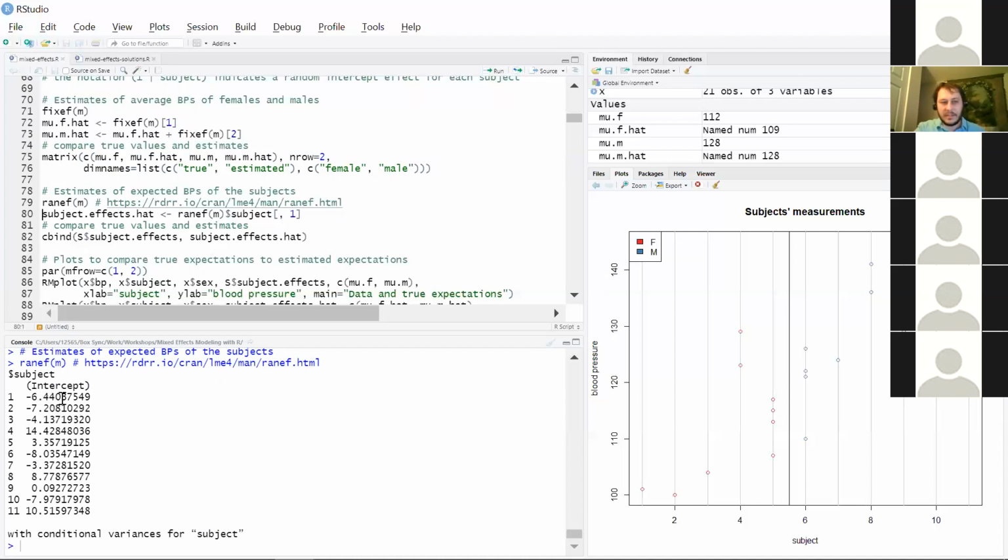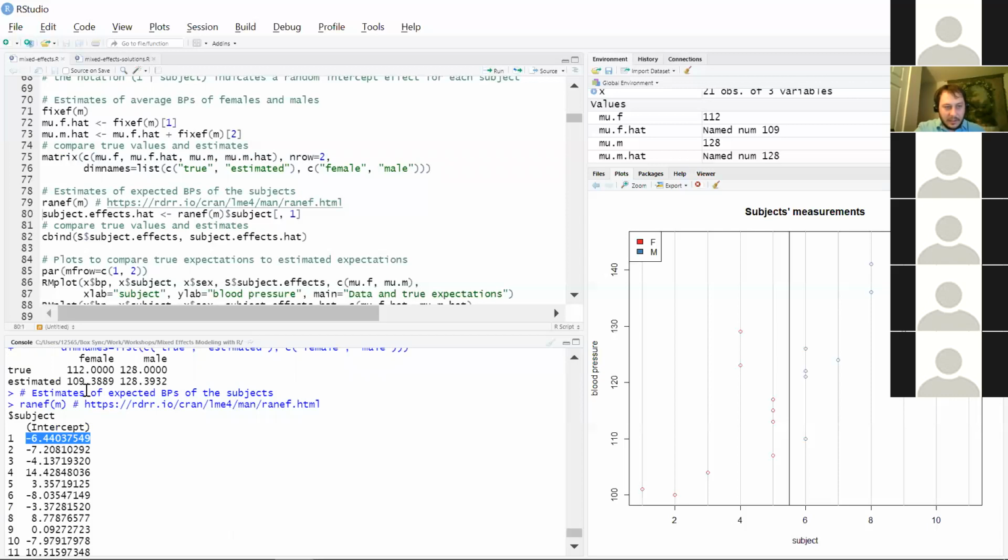All right, negative 6.44, negative 7.208. These are model estimates, our fitted model estimates of the individual. So subject one, we've estimated subject one is a female.